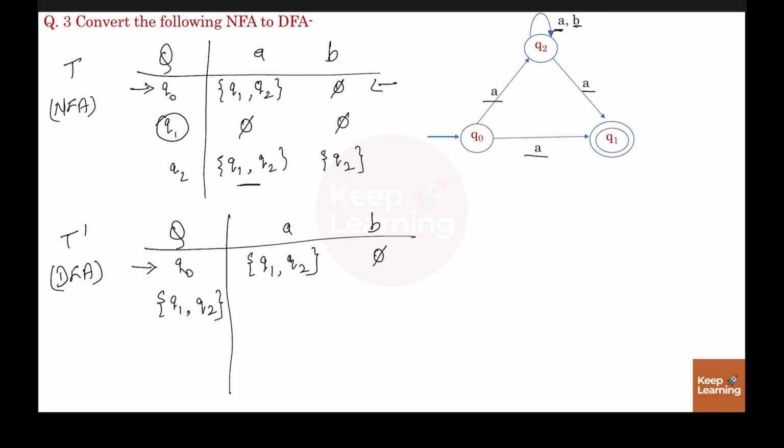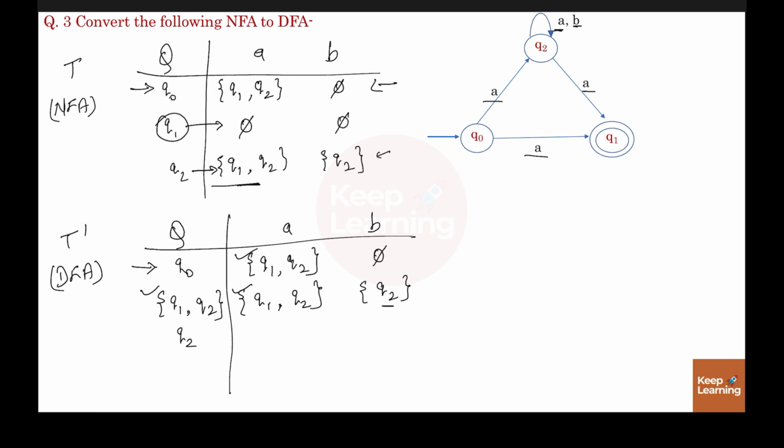So we will define the transition for it. From Q1 by taking A you are reaching nowhere, and from Q2 we are reaching Q1, Q2. So it will be Q1, Q2, and for B we are reaching Q2 only. So this is defined here. This is also done. New state is Q2.